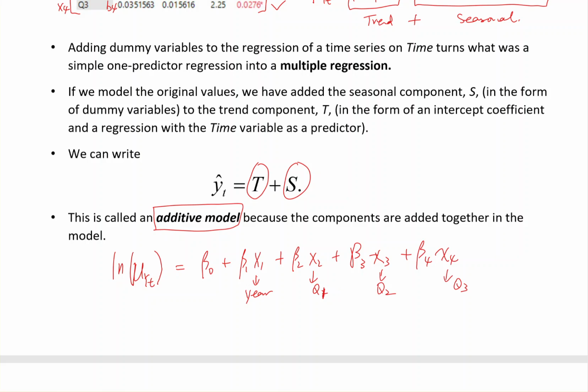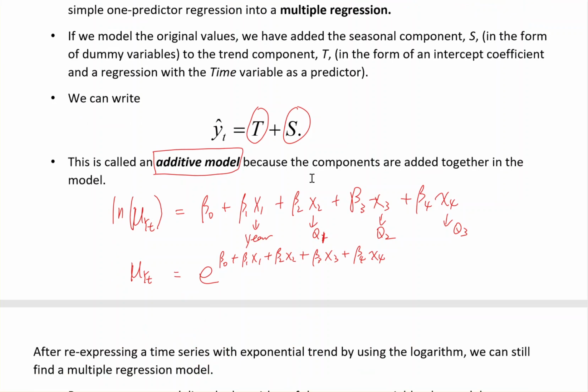After the natural log transformation, we are making the regression based on the natural log of y, but we want to know something about y. So we can take the exponential of both sides, and you have mu of yt equals e to the beta 0 plus beta 1 x1 plus beta 2 x2 plus beta 3 x3 plus beta 4 x4.